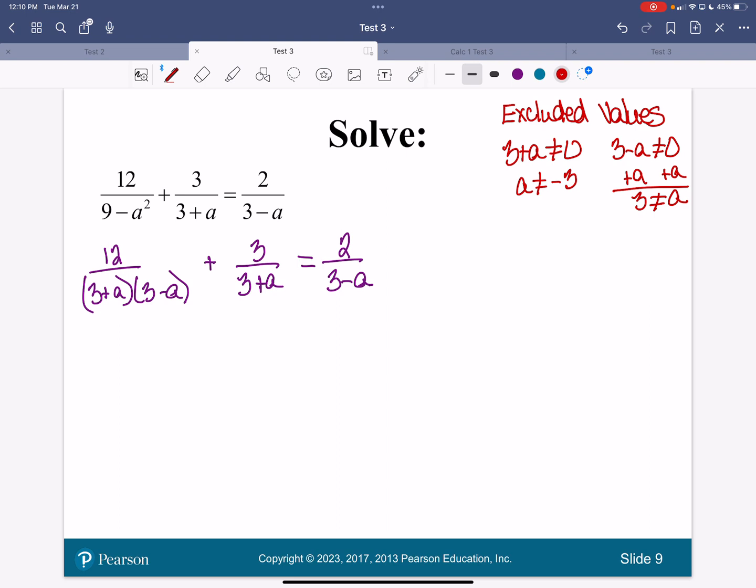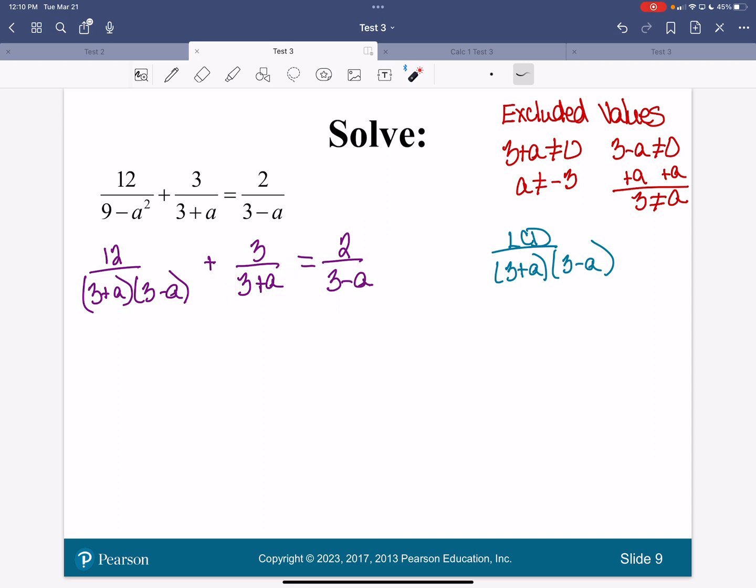Now let's talk about my LCD. First thing I'm going to do is make sure both 3 plus a and 3 minus a are part of my LCD, and that's covered right here. Do I have this one covered already?